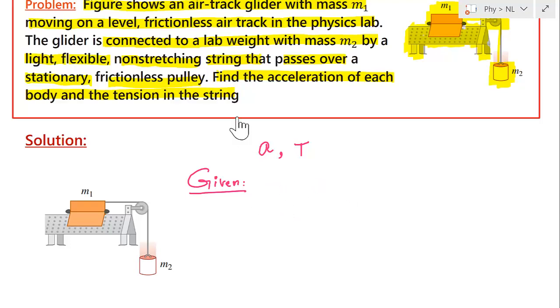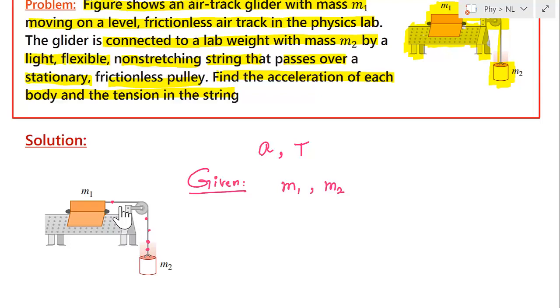We have also been given the properties of the string, that is, a light string. So the string is massless, so we can assume the tension throughout the string, at this point, this point, or this point, is the same. And we call this tension T.